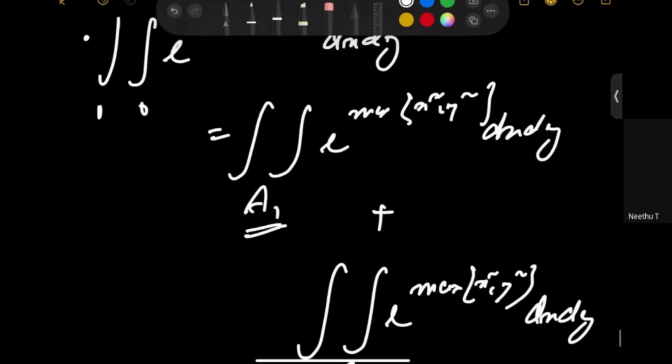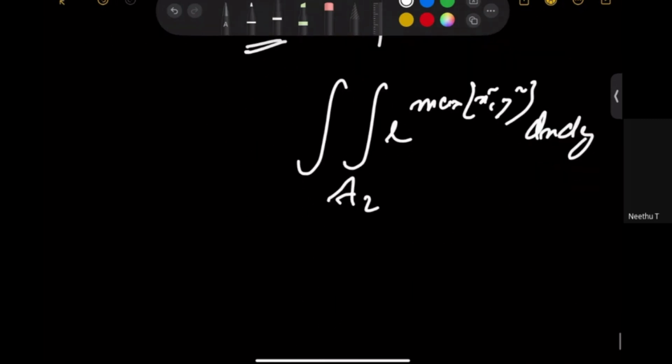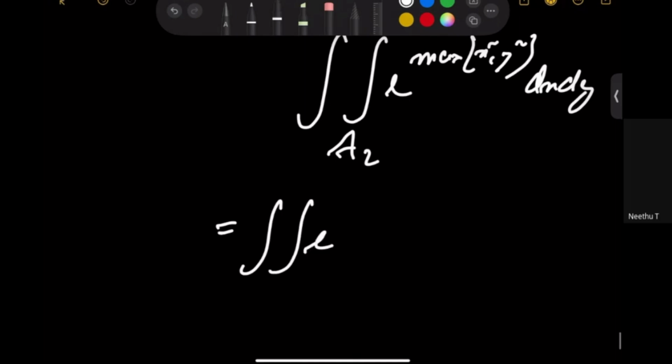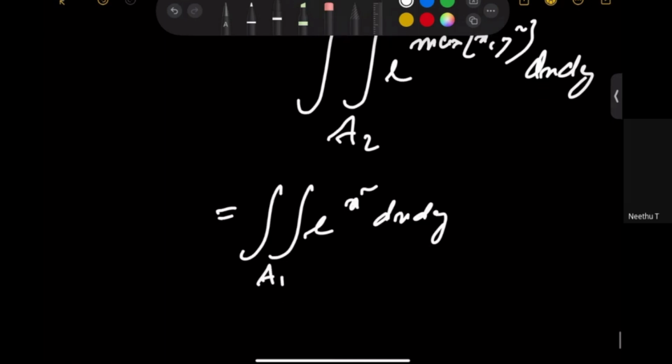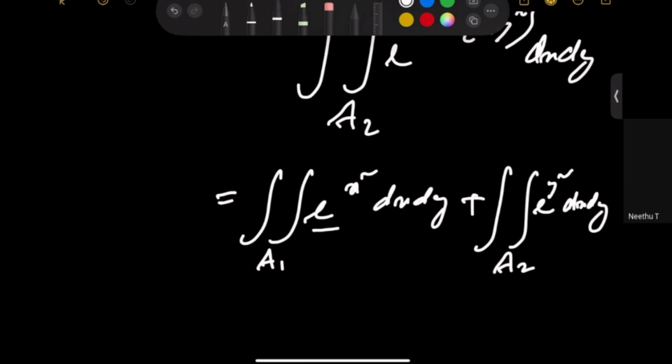In the region A1, x squared was greater than y squared, so the max is just x squared: e power x squared dx dy over A1. In the region A2, y squared is greater than x squared, so it will be y squared: e power y squared dx dy over A2.